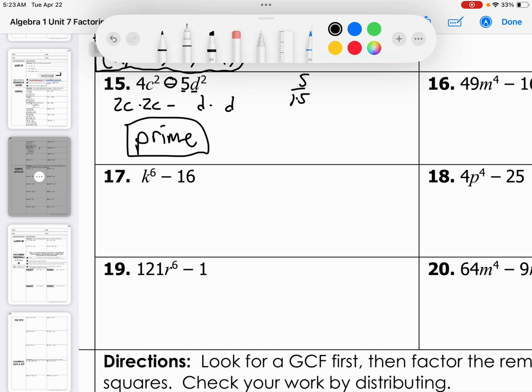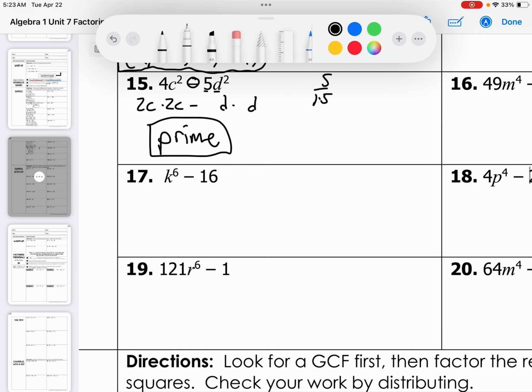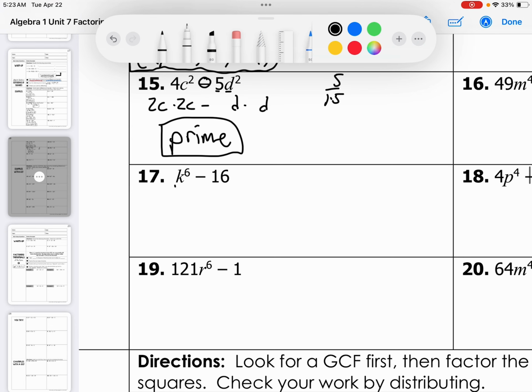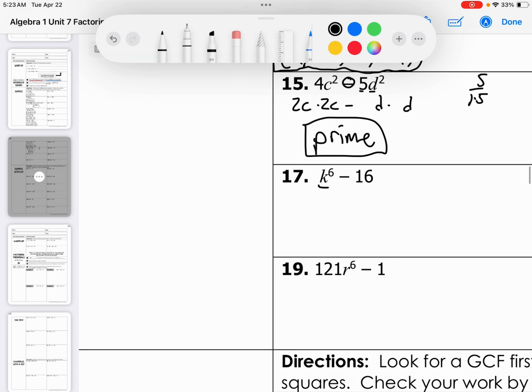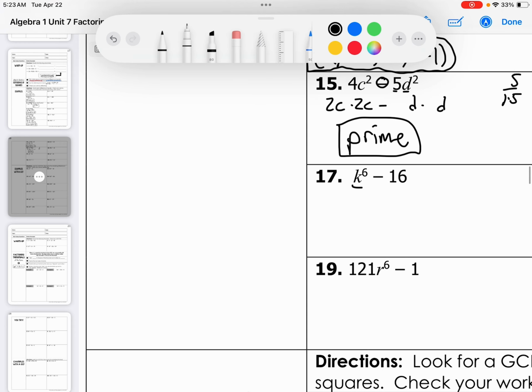Okay, number 17, this one's a little bit trickier because we have k to the power of 6. So it might be a little bit harder to think about what we could break that down into. So let's think about what we have when we have some different exponents. If I have k to the power of 6, or sorry, let's start with k to the power of 2. We said that is k times k.